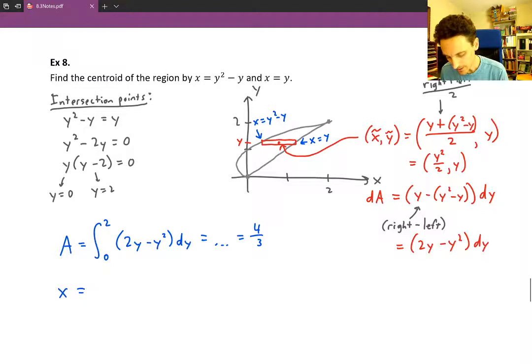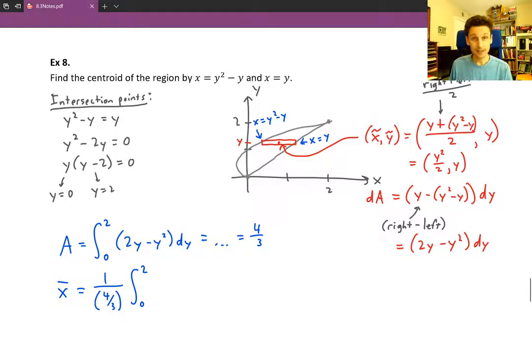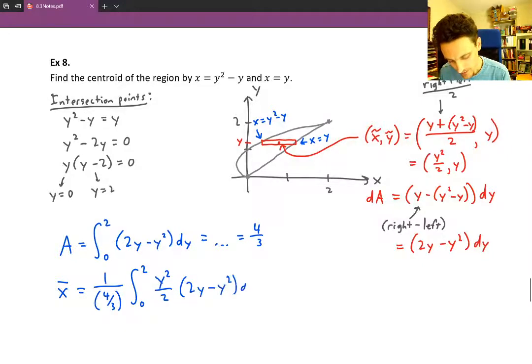Then x bar, the x coordinate of the centroid, is going to be 1 over that area times the integral from y equals 0 to y equals 2 across our region of x tilde dA. So x tilde was y squared over 2, and then dA was 2y minus y squared dy.